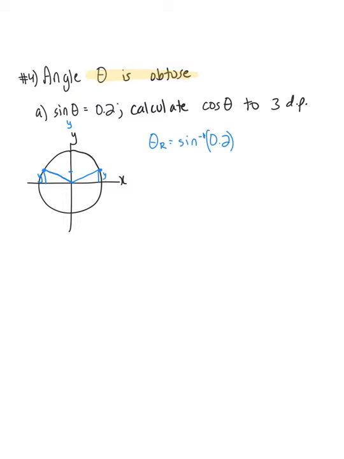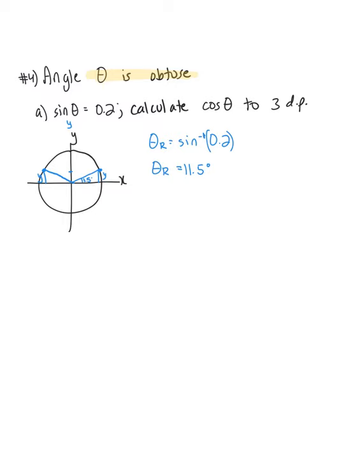So then use your calculator to find the angle. So that's theta r for reference angle, and you get 11.5 degrees. So that is this angle inside the little right angle triangle. That's 11.5 degrees. We then need to find the other solution.